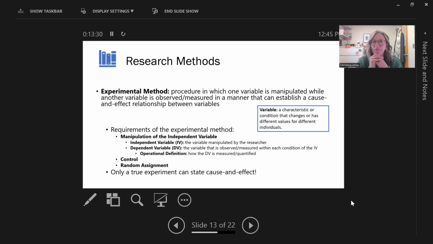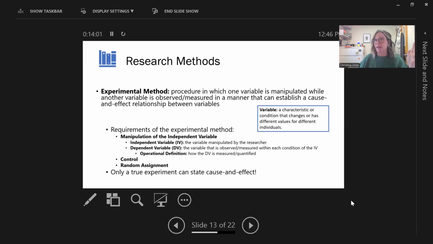So let's think about a common thing that is looked at, like a new medication. That would fall under treatment, right? That would be your independent variable, treatment. But you're not going to give everyone the new medication. You're going to split it into groups or conditions, and the researcher is going to manipulate what those conditions are.